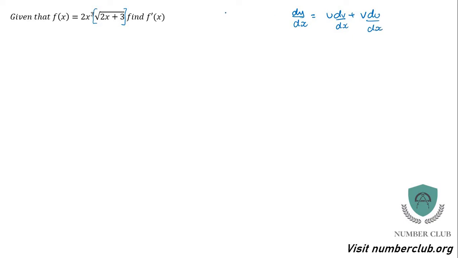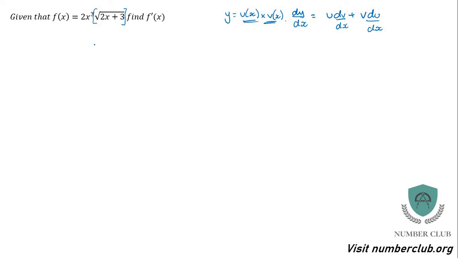That only works if y is made up of a function u of x multiplied by a function v of x. So when you have those two functions multiplied together, you have one of the functions multiplied by the diff of the other, plus the other function multiplied by the diff of the original. So you have this multiplied by the diff of this, and you have this multiplied by the diff of this.